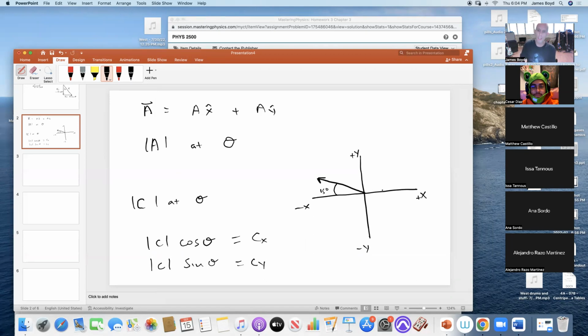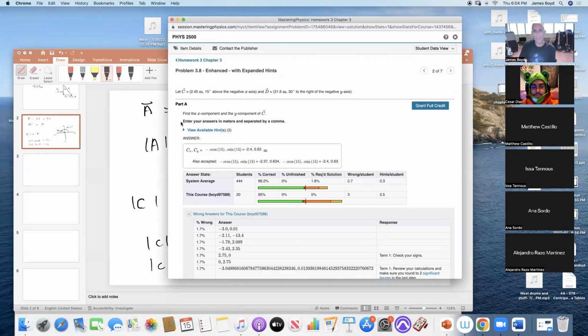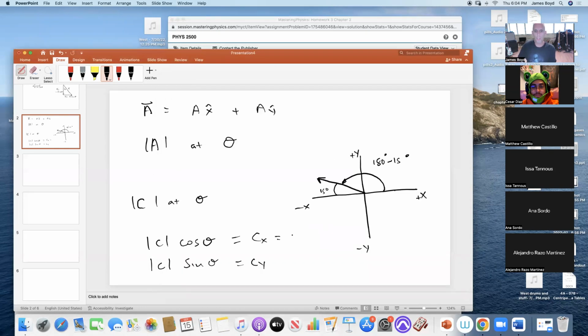However, our angle has to come from the x-axis. So from here to here is 180 degrees, which means this is 180 minus 15 degrees, and that would be 165. So C is, for me, 2.45 cosine of 165 and 2.45 sine of 165.